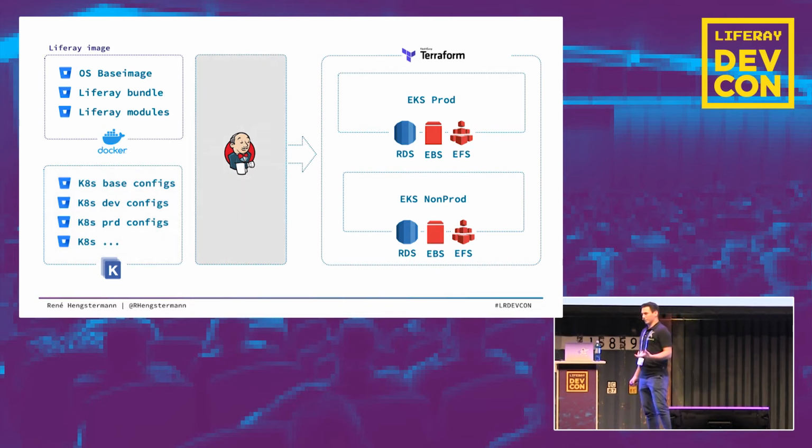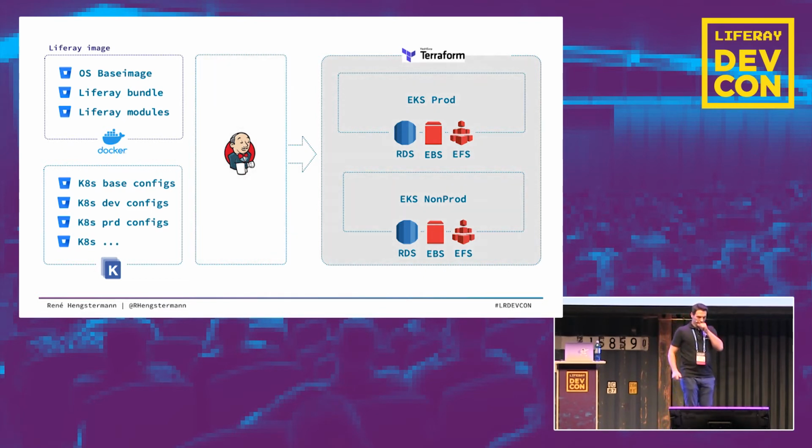Both of these things are built by Jenkins. So Jenkins is building our code, pushing the Liferay Docker image to a repository, and as soon as there's a change on the dev, prod, or UAT environment, Jenkins also builds our Kubernetes configurations and pushes them to the corresponding cluster.